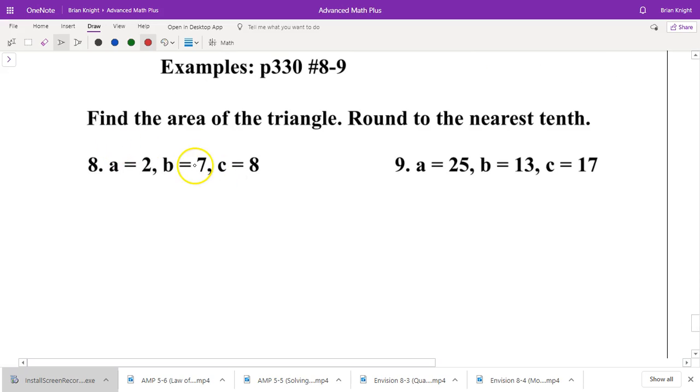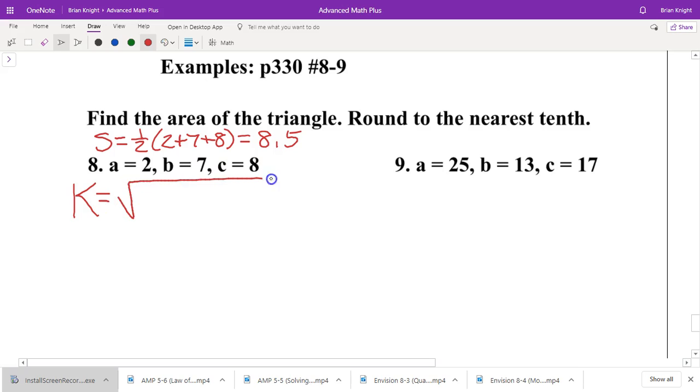Always when you're doing these problems, you have to find S first. Half of 2 plus 7 plus 8 is 8.5. To get the area, I'm just writing the formula: the square root of S times S minus A times S minus B times S minus C. We need to memorize this formula.